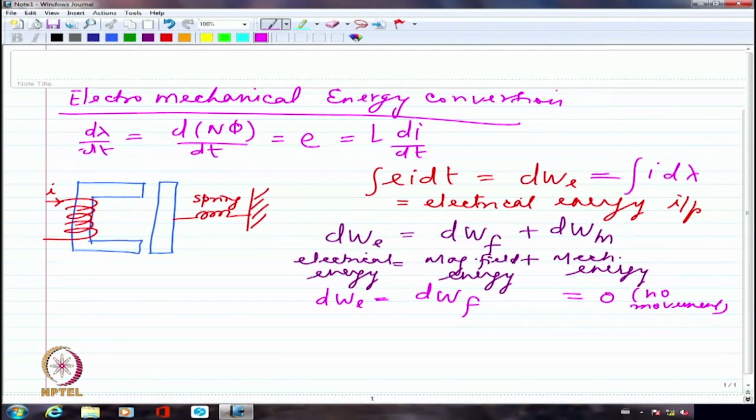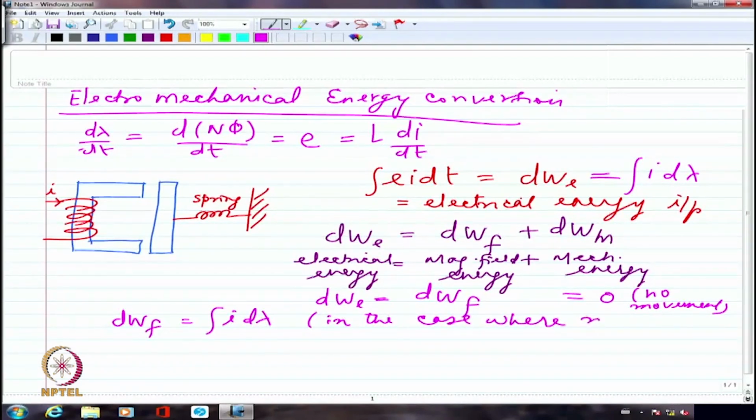So, I am writing this like this. So, we said dWf equal to I d lambda in the case where movement is absent, motion is absent. So, we call this the field energy.